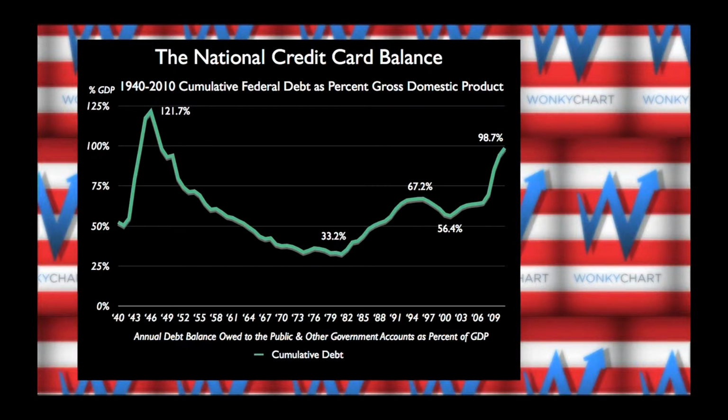Then came the surge, with cumulative debt peaking at 67.2% of GDP in 1996, followed by a short period of decline that ended at 56.4% of GDP in 2001. Then another sharp uptick that accelerated in 2008 and now stands at 100% of GDP and climbing.